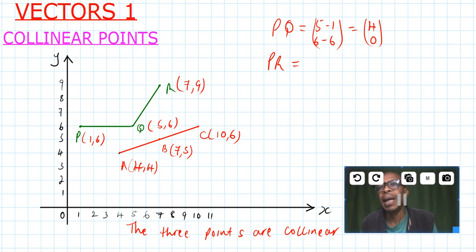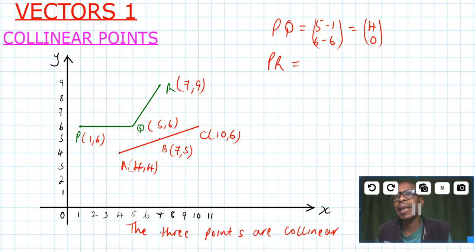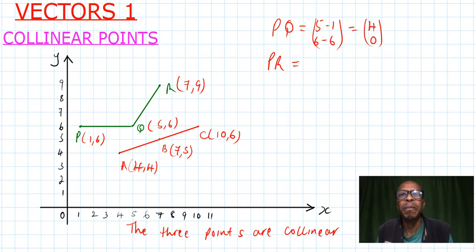PR is equals to, we get the coordinates of R, and we say it is 7 minus 1, and we get 9 minus 6. So we say this is equals to 6, 3.